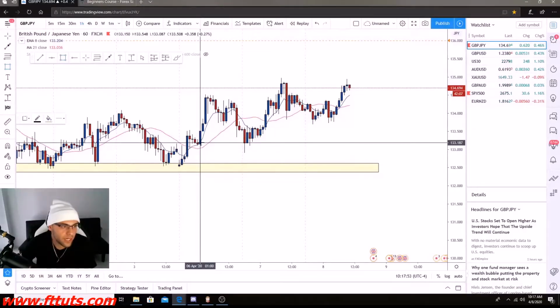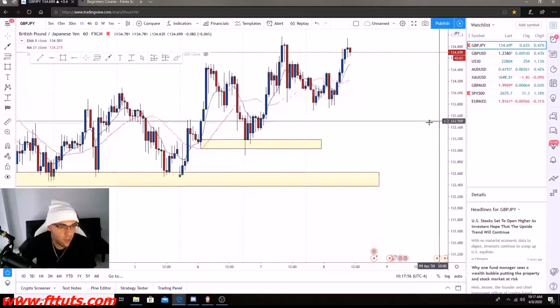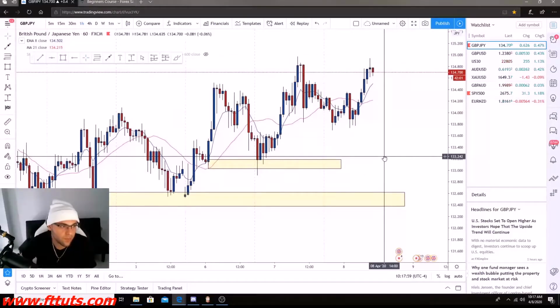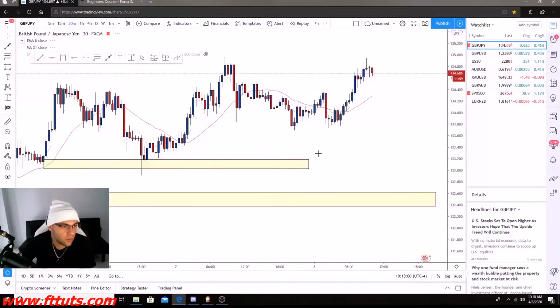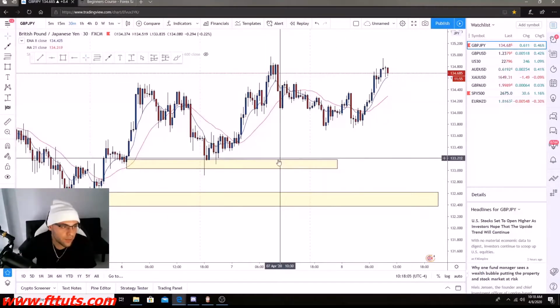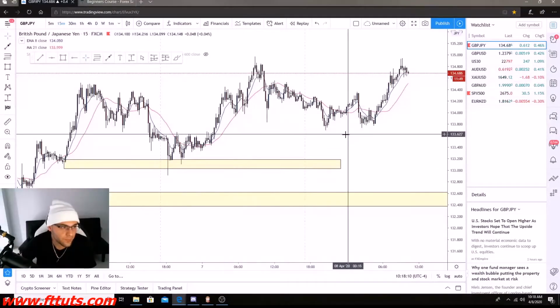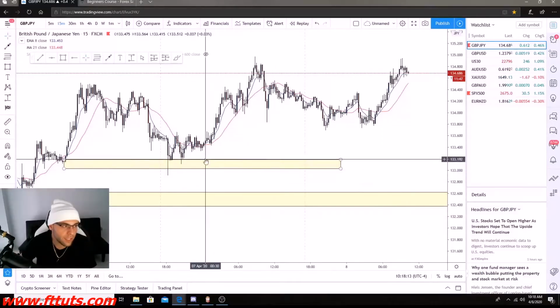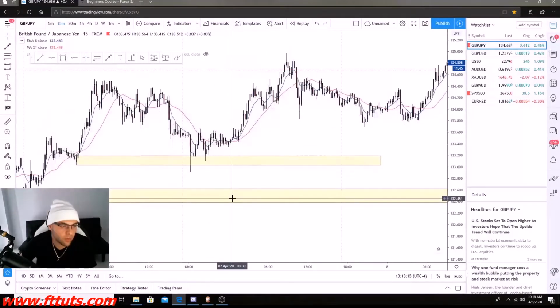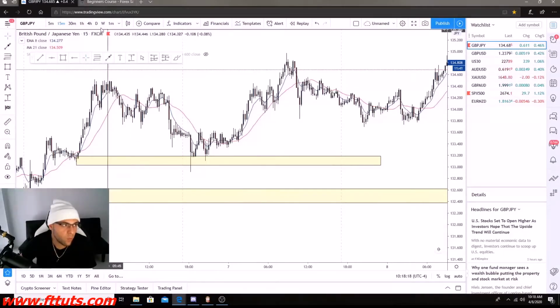Boom. Created another form of support on the smaller time frame, which is the 1 hour, which is also a very lovely zone on the 30-minute as well as the 15-minute, as you guys can see here. So that was a very nice little level of support that went from the 4 hour to the 15-minute, 30-minute, and the 1 hour support.